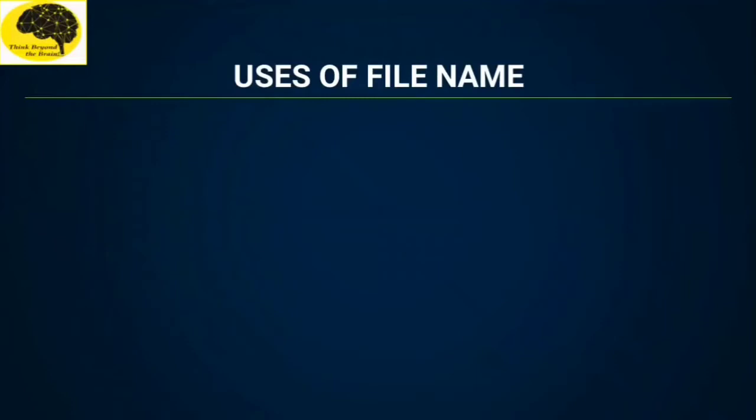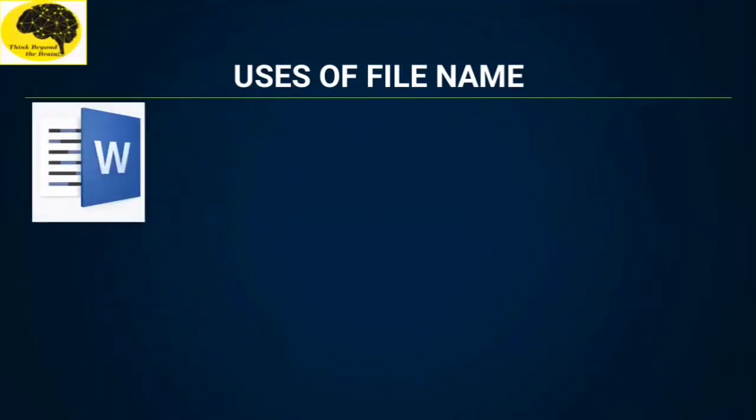Now uses of file name. If we don't put a name to the file, then what will happen? See, if I am making a Word document about my family, and I have not put any file name, the file name is by default Word.